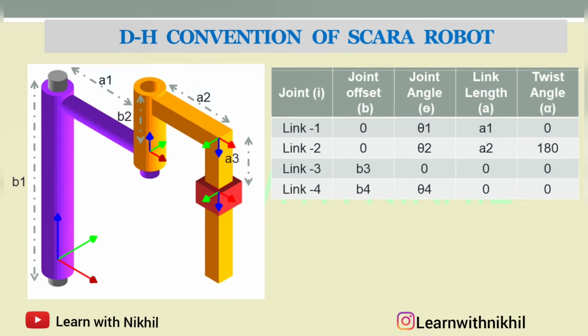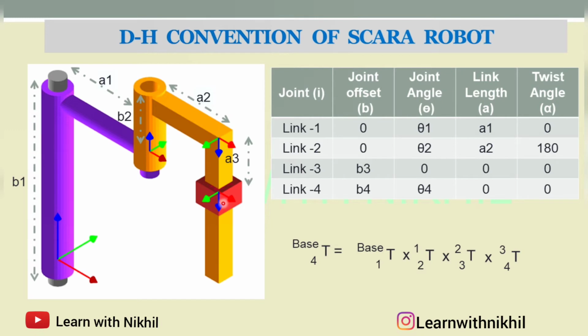Now for finding the forward kinematics of this SCARA robot, the formula is like this. You have to find the transformation matrix of the base with respect to the end effector. You have 4 joints: this is joint number 1, 2, 3 and 4.